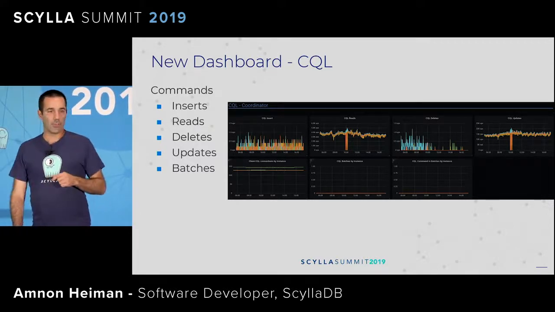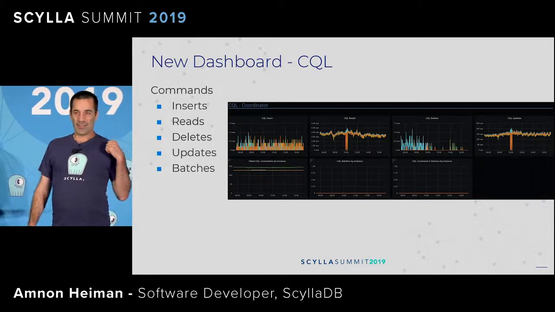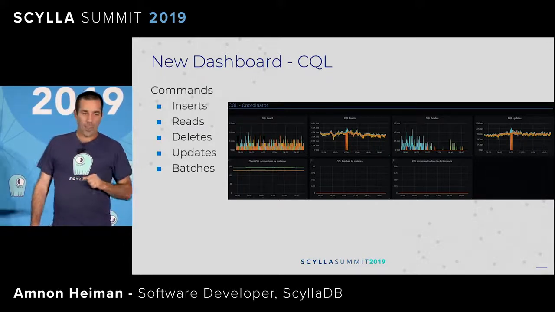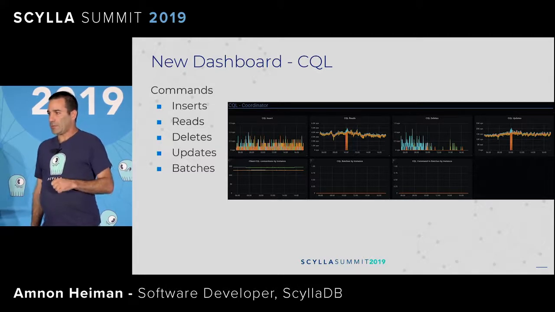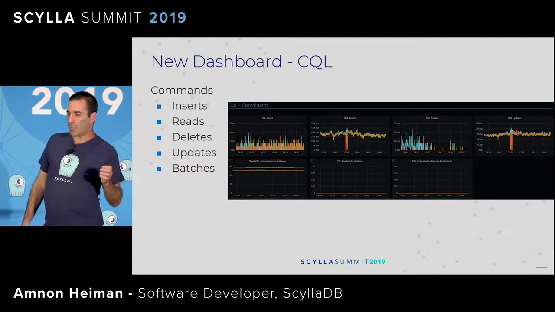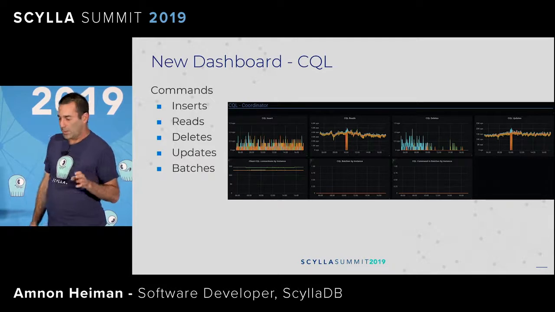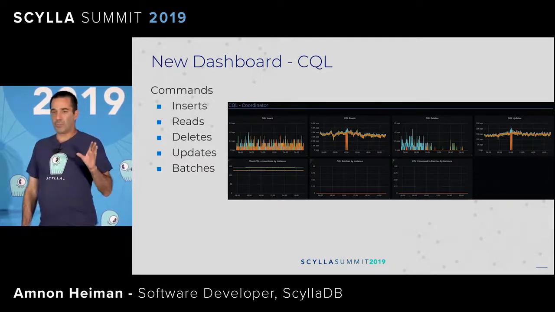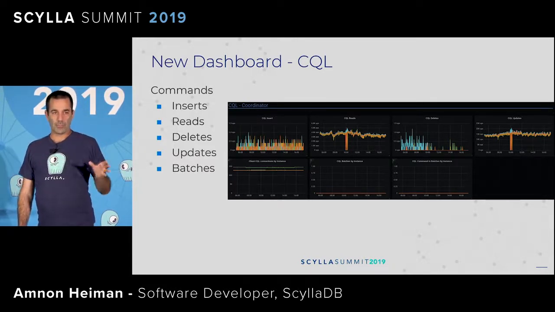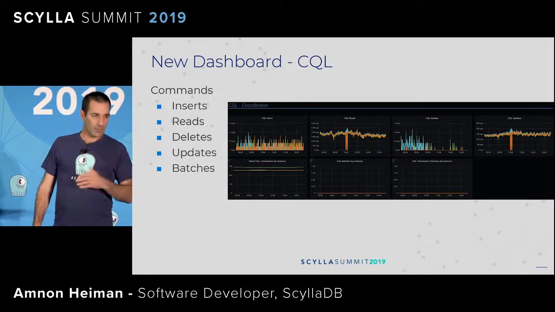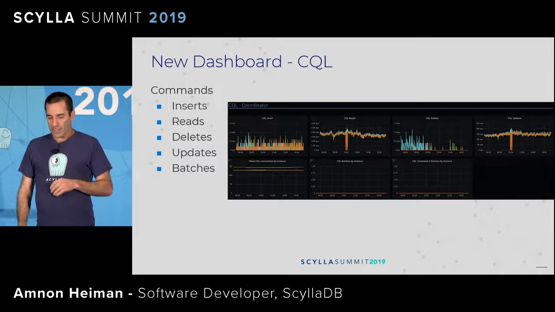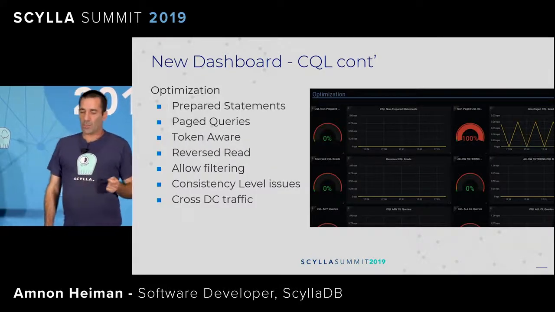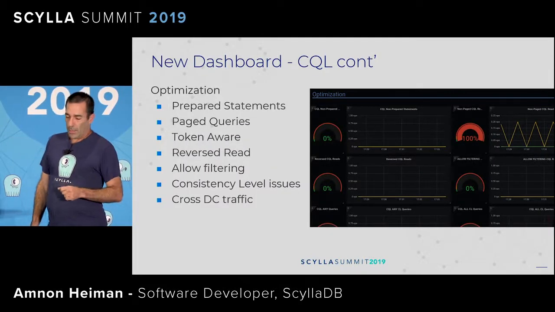If anyone here was at last year's conference, maybe you attended Shlomi's talk about CQL optimization. It's based on that. The CQL dashboard has two parts. The first is a simple CQL view of the system, like insert, delete, and all that stuff, which is pretty straightforward. The second and interesting one is the CQL optimization part.